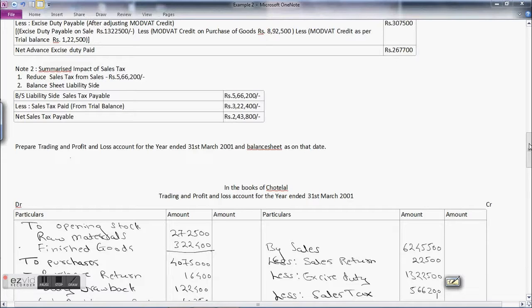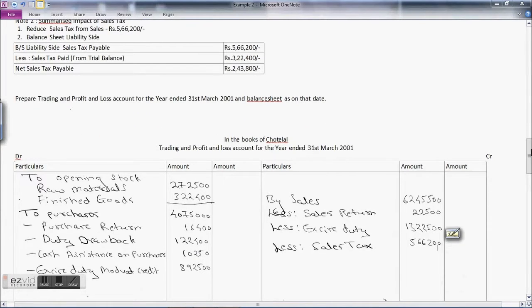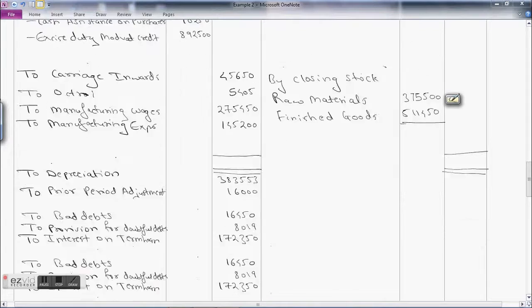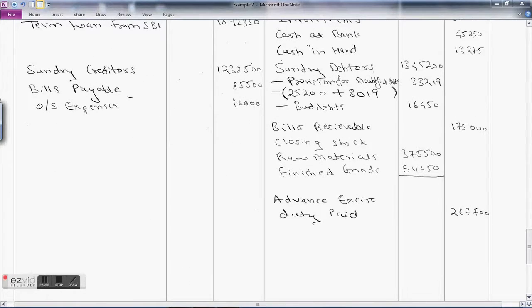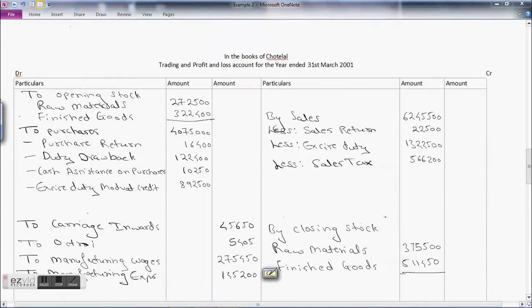Then sales tax paid, we have taken it from trial balance, 3,22,400. So net sales tax payable 2,43,800. So it will go to balance sheet liability side, sales tax payable 2,43,800. So we have completed all the adjustments.